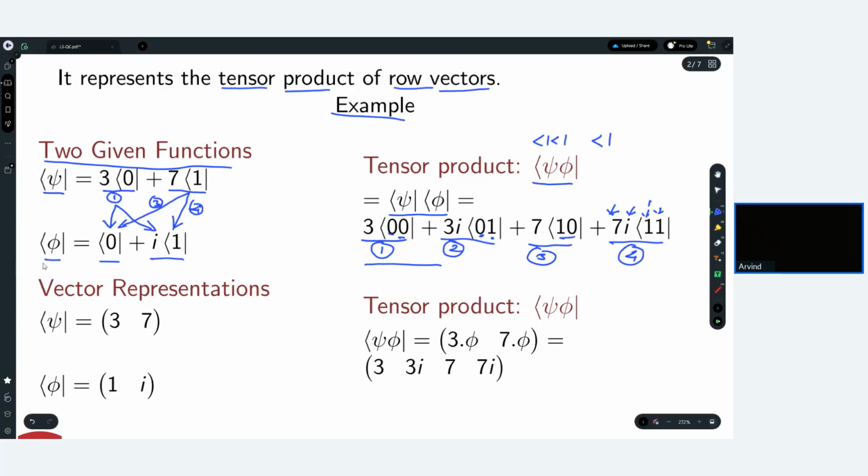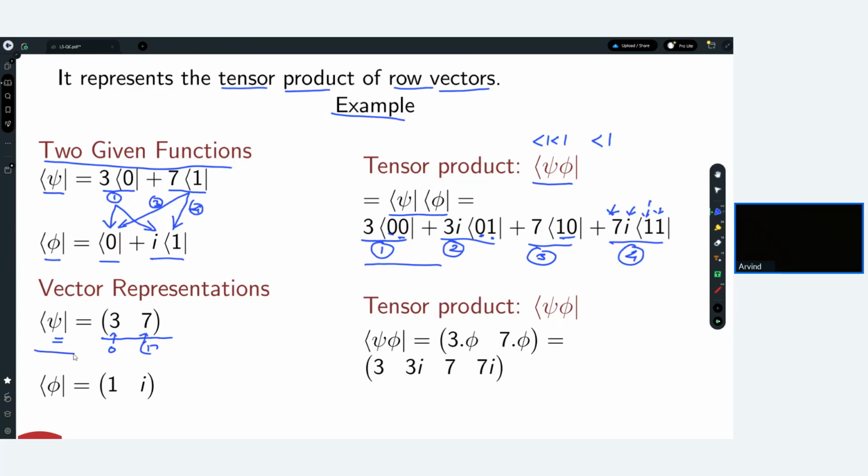You can check whether this is correct or not by doing the same multiplication with our usual matrix multiplication. The bra psi is a row vector in which 3 is present at the 0th position and 7 is present at the 1st position, because 3 is the coefficient of bra 0 and 7 is the coefficient of bra 1.